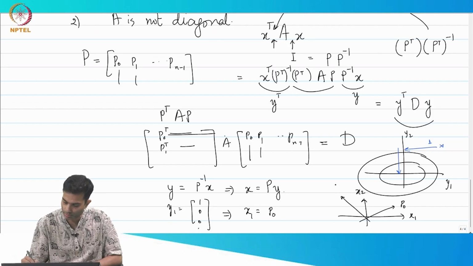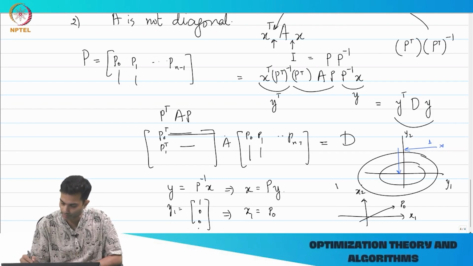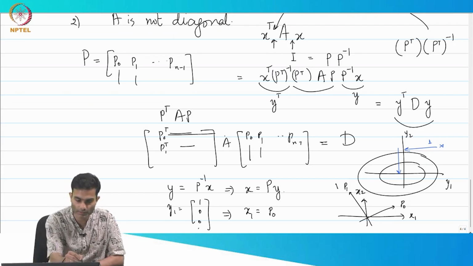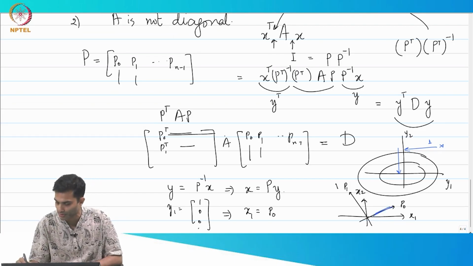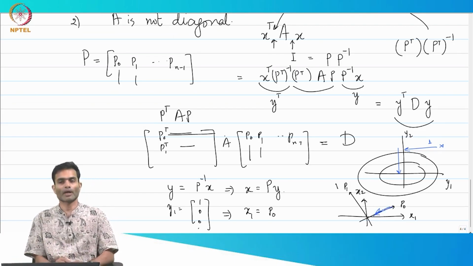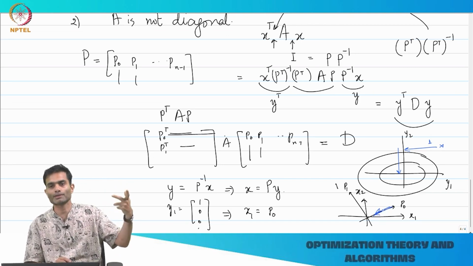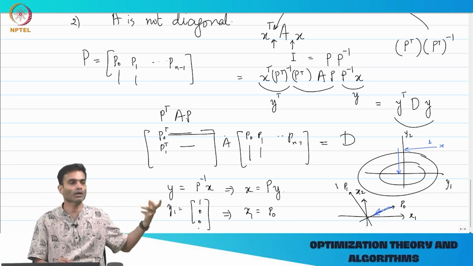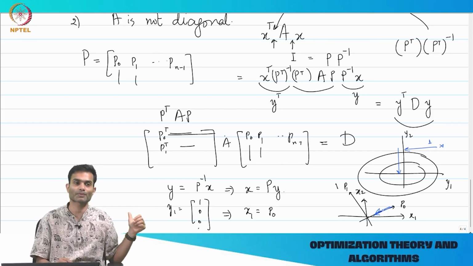So if I am walking along the Y1 axis, in the X1, X2 space, let's call this P0, P1, need not be perpendicular. So the first move over here is actually going to be along this direction. So every walk along the coordinate axis in the Y space is a walk along the conjugate directions in the X space.